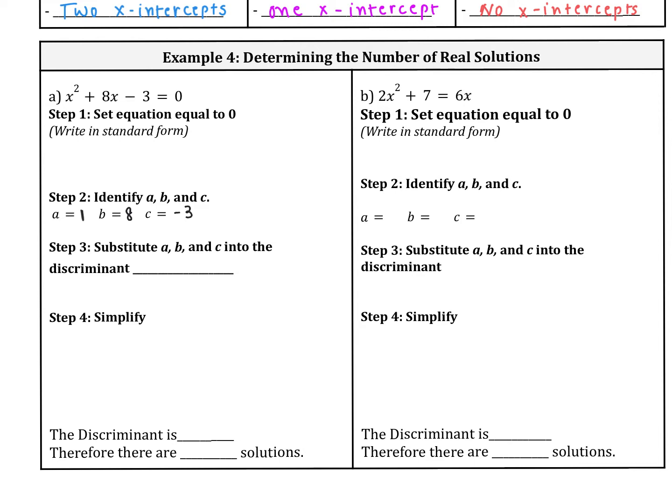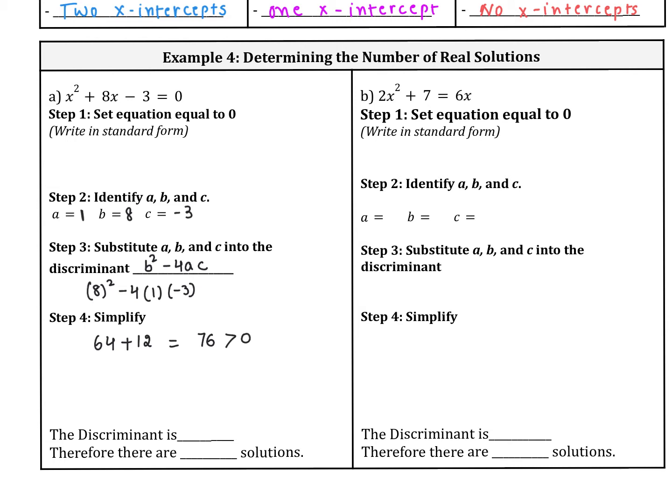And now you're going to plug it into the formula. Substitute a, b, c into the discriminant formula, b squared minus 4ac: 8 squared minus 4 times 1 times negative 3, and then simplify. 8 squared is 64, and negative 4 times negative 3 is positive 12, and you get the answer 76, which is greater than 0.